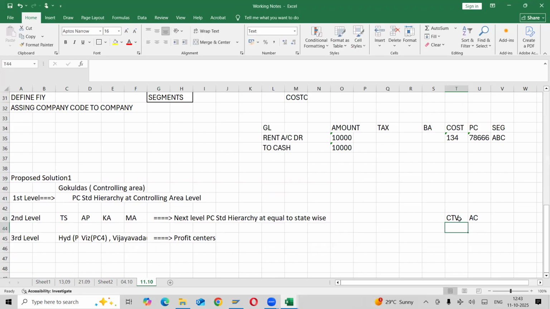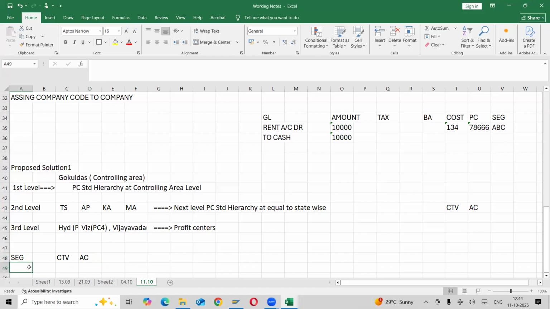I'm dealing in color TVs and air conditioners. So here I have my profit centers state-wise, retail store-wise. Now what I'll do is create segments here: a color TV segment and an AC segment. The color TV segment I'll create as segment one and the AC as segment two. So if I have different products, I can design like that.